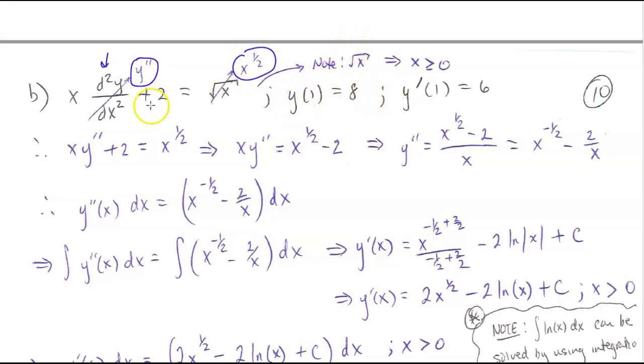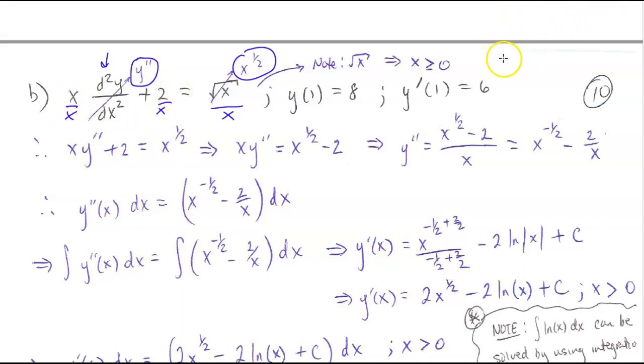We also see that for square root of x, x could be greater than or equal to 0. But notice here, I would not be able to divide by x unless I knew that x could not be equal to 0.